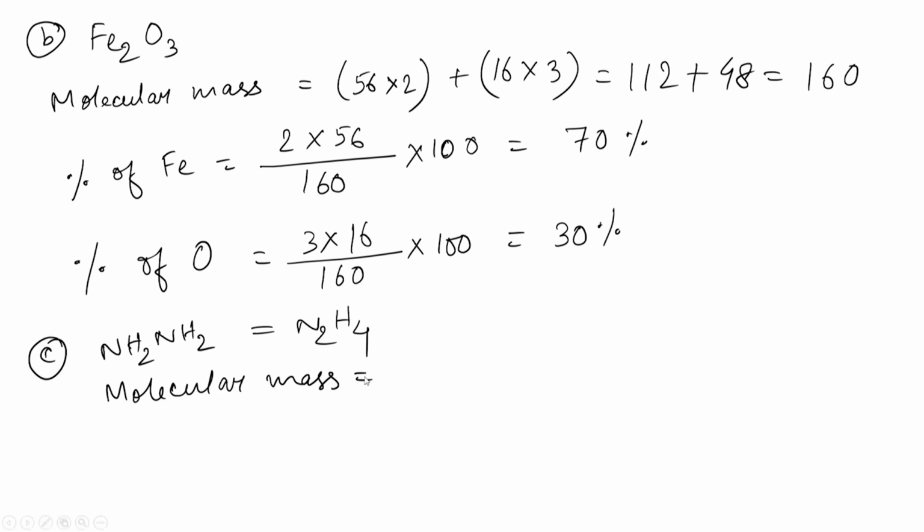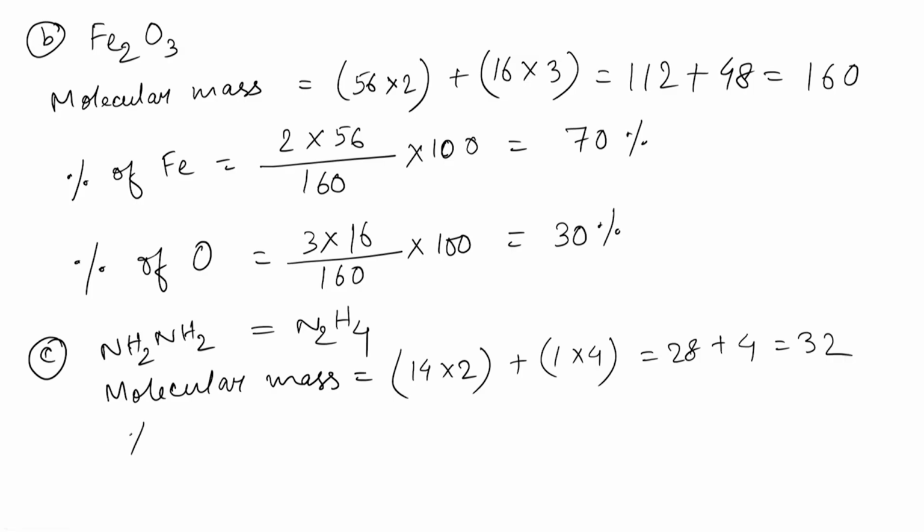The molecular mass is mass of nitrogen into number of nitrogen, so 14 into 2, plus mass of hydrogen into number of hydrogen, so 1 into 4. So, this is 28 plus 4, that is 32.